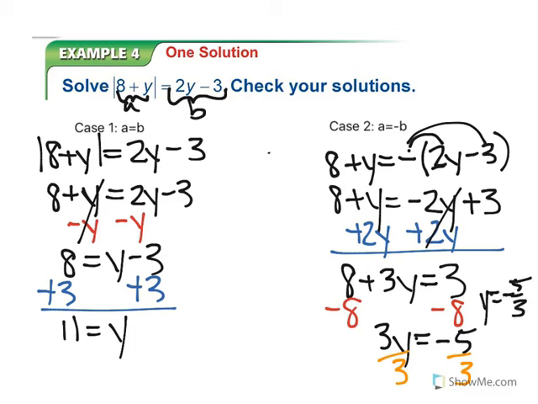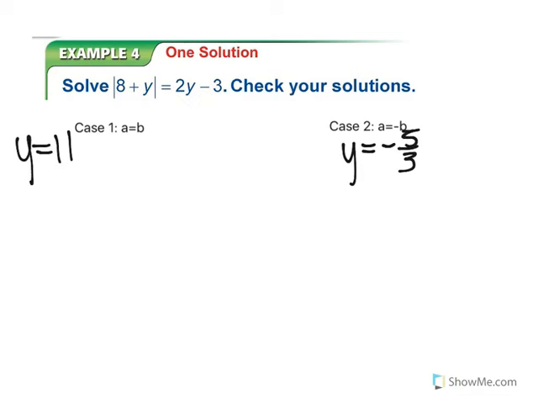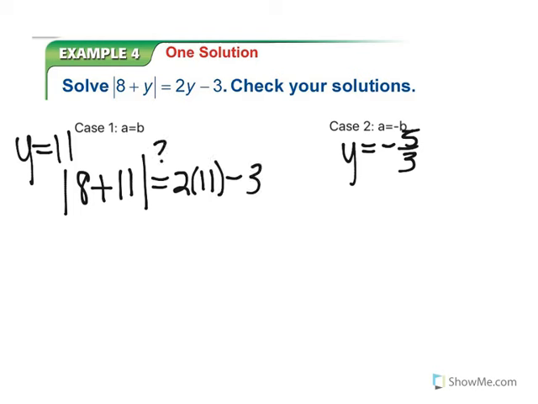Now, before I can say that's an actual solution, I'm going to have to plug them both back in. So I'm going to clear all this so I can have some room. So let's start with case number 1. If I have the absolute value of 8 plus, and in this case we're saying y is 11, so 8 plus 11 is equal to 2 times 11 minus 3. And we're actually checking to see if this is equal.